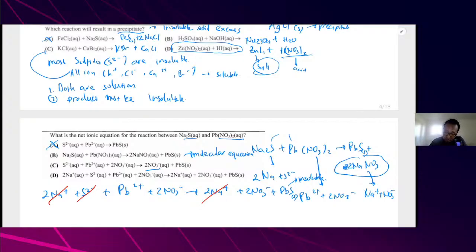No, there is no S2 minus on the product side. Pb2 plus? No. NO3 minus? Yes, we cancel this part. So the net ionic equation is S2 minus plus Pb2 plus forming PbS. The answer should be A. Alright, so it's done for this part, and then we can go through another part.